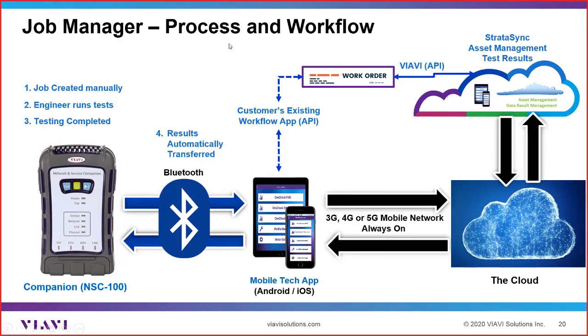So if you look at it, you can also create the job manually or have them created prior to the day of work of the technician, and sent to the instrument. Then the technician can run the test, and when the test is complete, the results are automatically transferred into the mobile tech app, and then that goes into the cloud, and you can have access to that documentation as soon as the job is done.